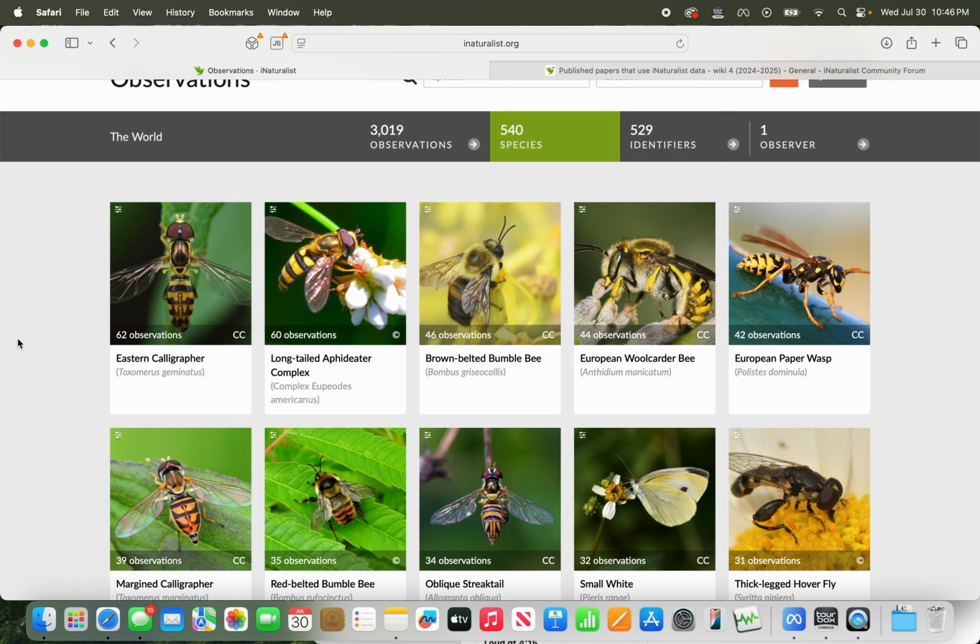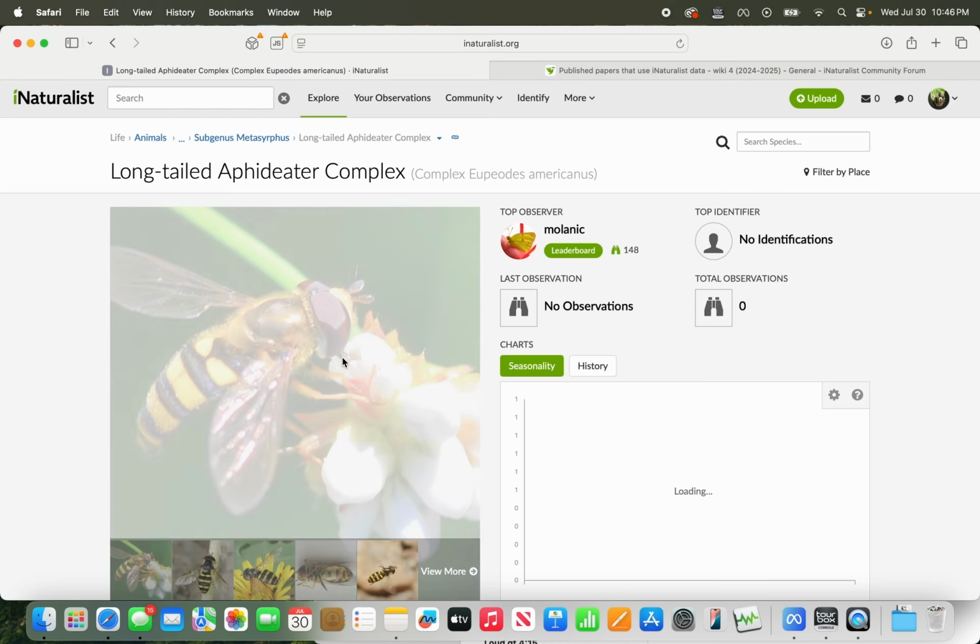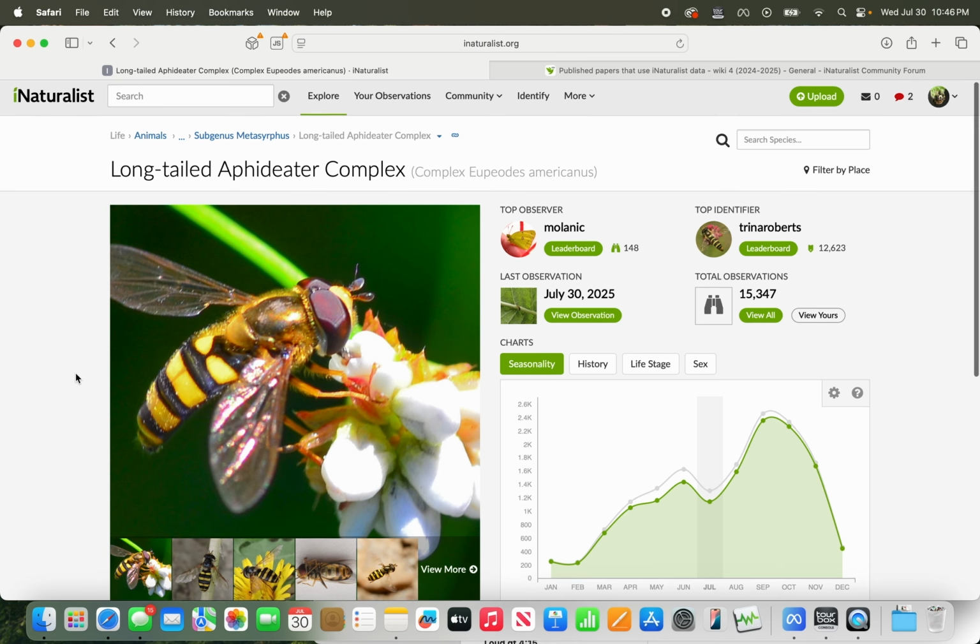education. And so for me, learning about, for example, hoverflies, what I learned right away is that there are some species, like the eastern calligrapher, that you can easily identify with a naked eye or camera, but other species, like the very next one, the long-tailed aphid eater, this is a beautiful hoverfly.